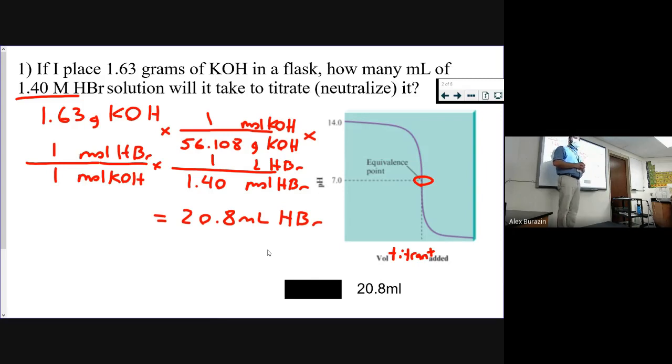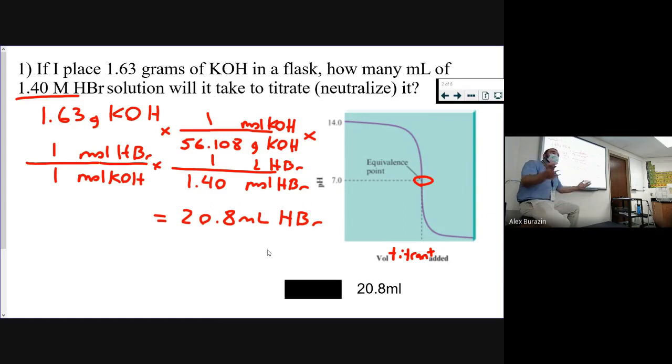This showed up on yesterday's sheet too. What do you have after an acid and base neutralize each other completely? You got water and salt. What kind of salt if it's a strong acid, strong base? Neutral salt. pH is 7.